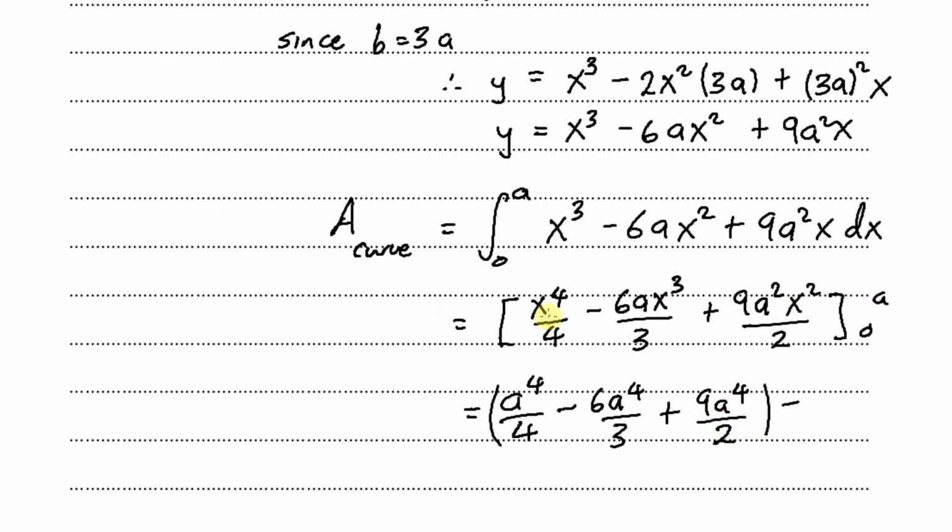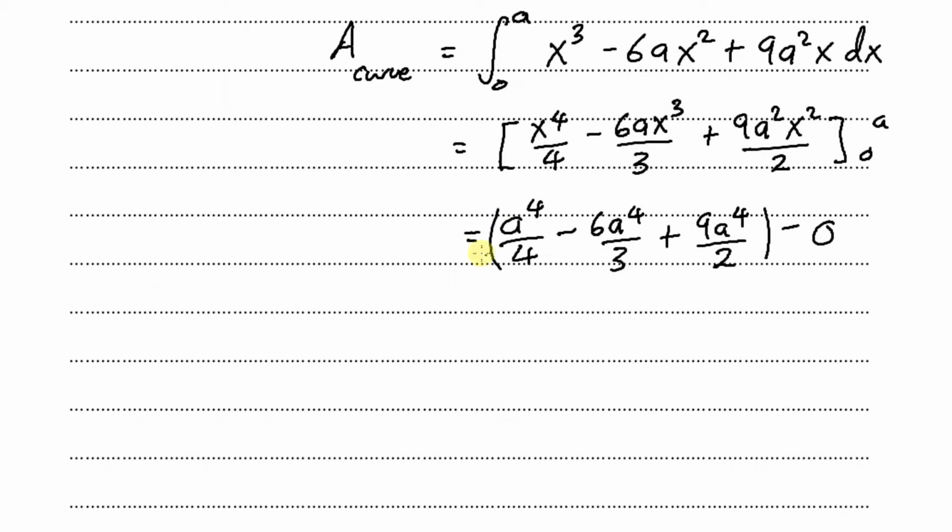But if we substitute 0 for x into this whole thing, all we're going to get is 0. So eventually, for the area under the curve, we have a to the power of 4 over 4 minus, 3 into 6 is 2, so minus 2a to the power of 4, and then plus 9a to the power of 4 over 2.